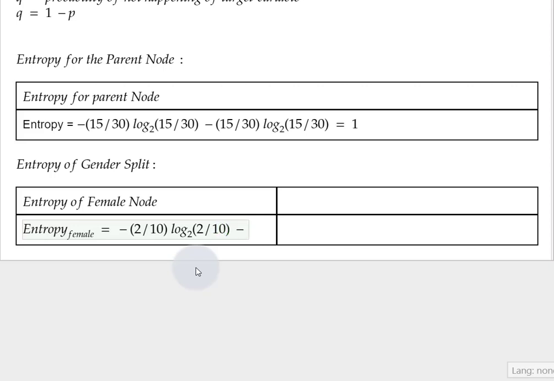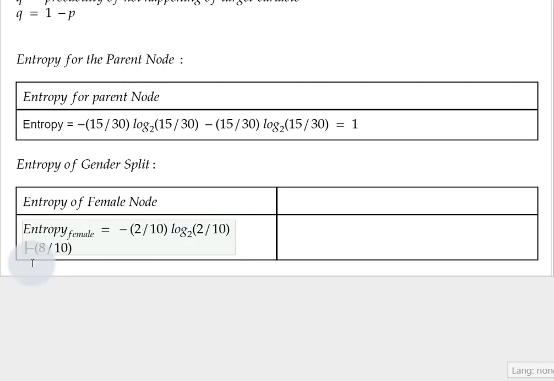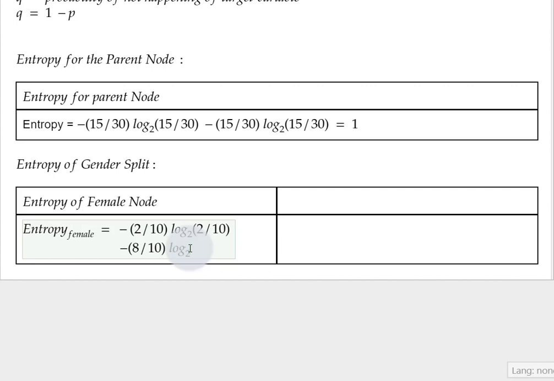Now what will be my q over here? We have a total of 10 female students, and among them 2 play cricket. So how many don't play cricket? 8, right? So my q will be 8 over 10, of not playing cricket. Then log 2 of 8 over 10.